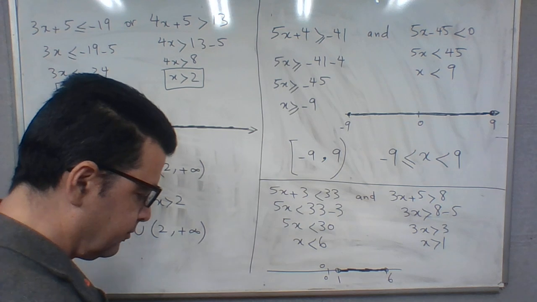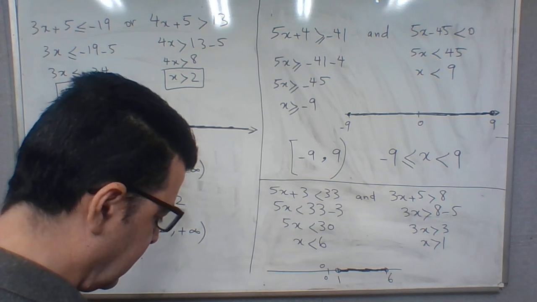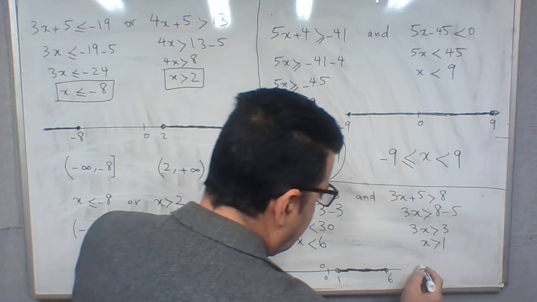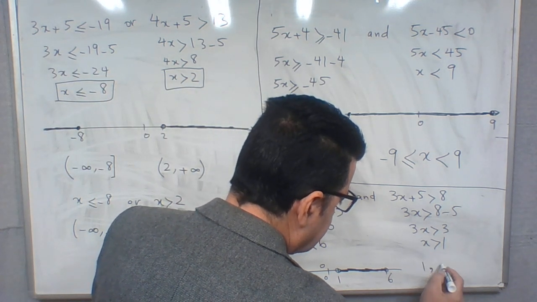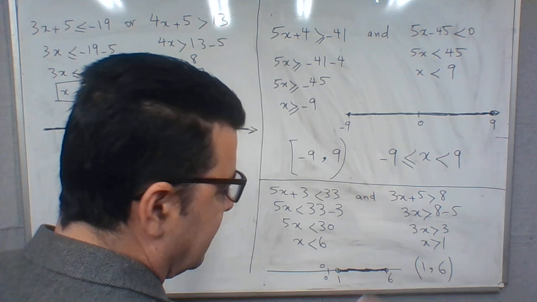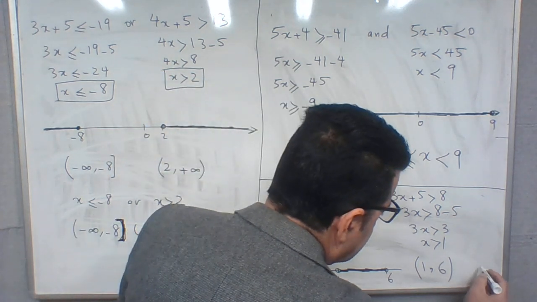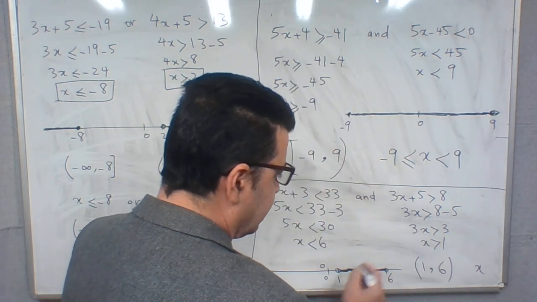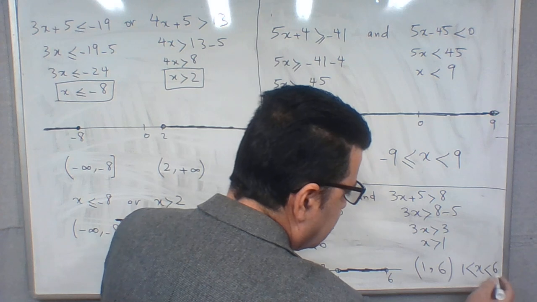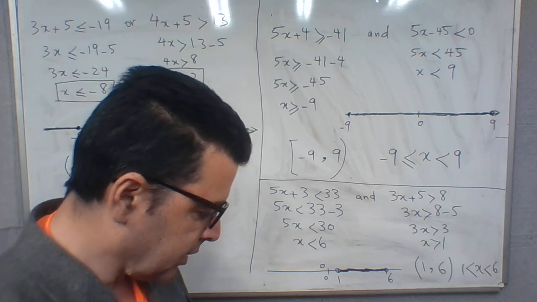Okay, write in interval notation. The interval is between 1 and 6, and not 1 and not 6. So this is between 1 and 6 only. And then inequality notation. The inequality notation is combining these two inequalities. So greater than 1 and less than 6. This is just one inequality together.